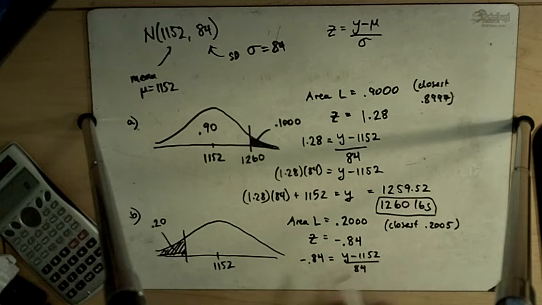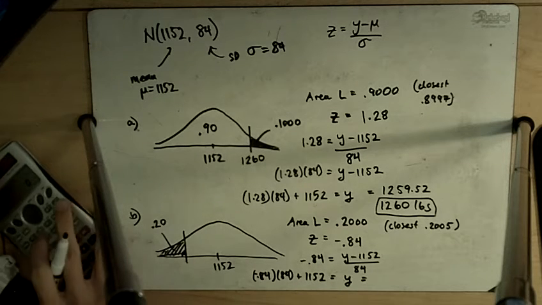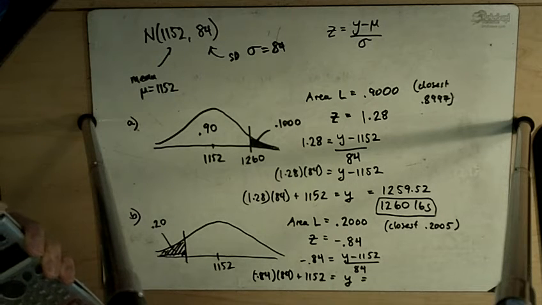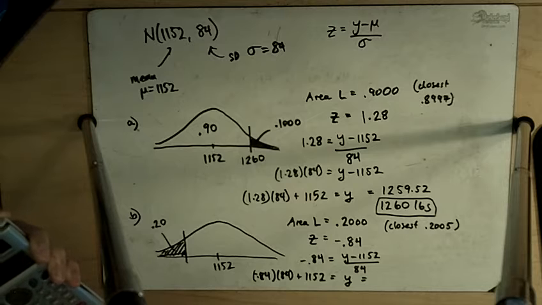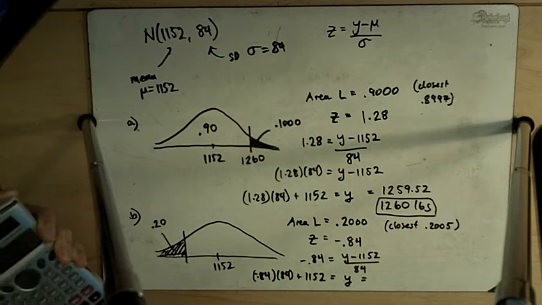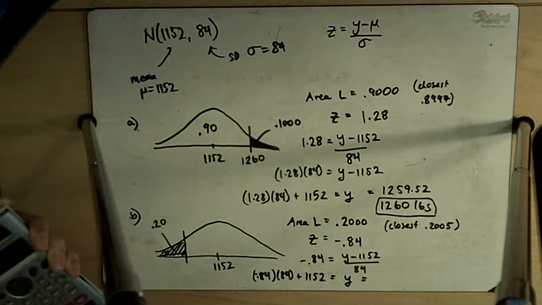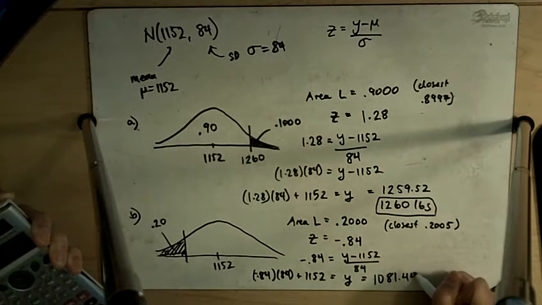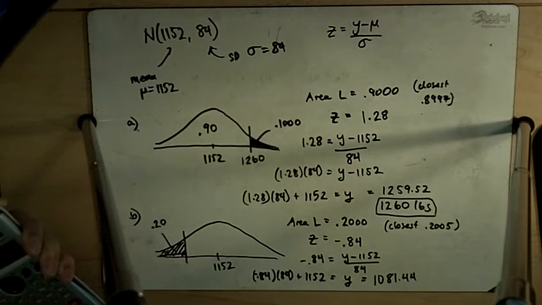Just take my word for it. If we multiply both sides by 84, negative 0.84 times 84, and we add 1152 to both sides, the value that we get, negative 0.84 times 84 plus 1152, is 1081.44.